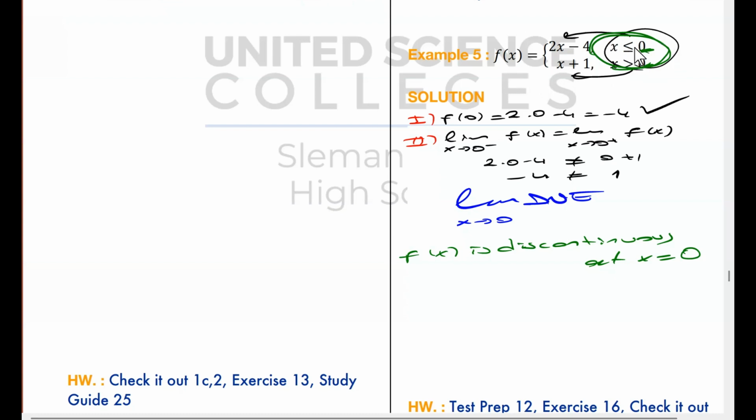At just this point, the function may be continuous, may be discontinuous. That's what we are checking. So the function is discontinuous at x equals 0. It's continuous everywhere else. Just that point is the point of discontinuity. So what type of point of discontinuity do we have? Since the limit does not exist, we have a non-removable point of discontinuity. All right.